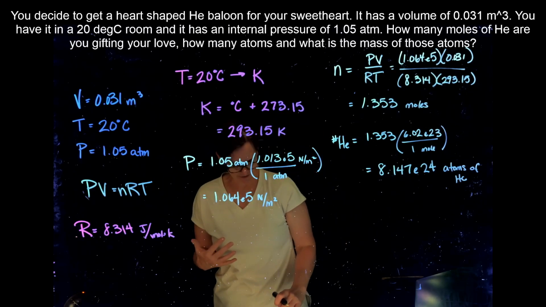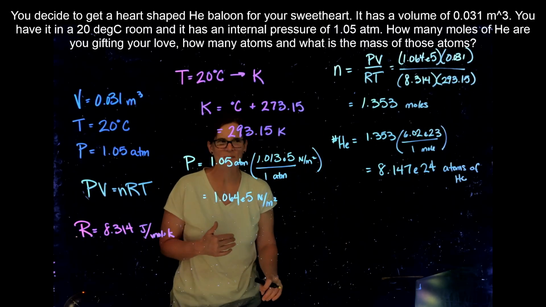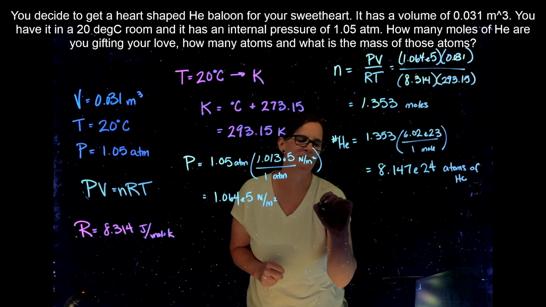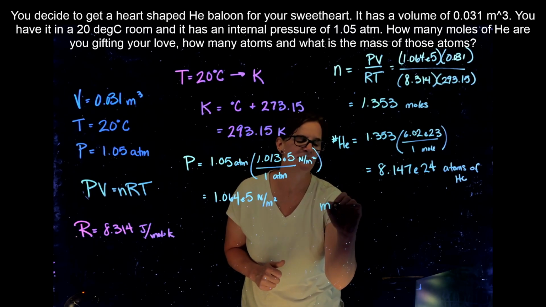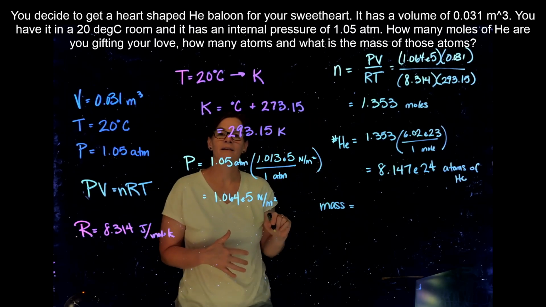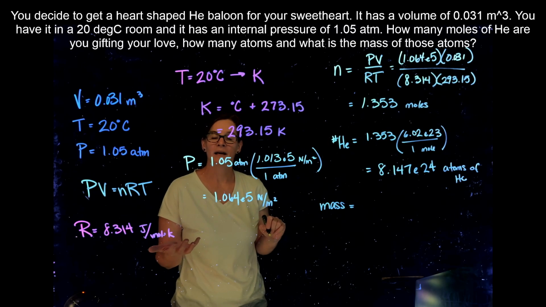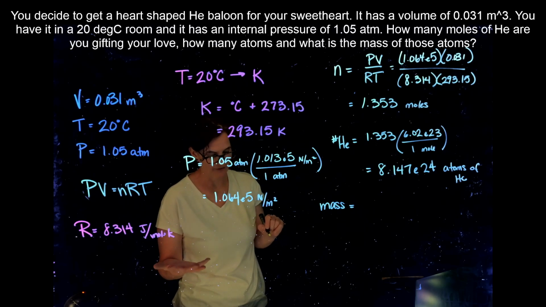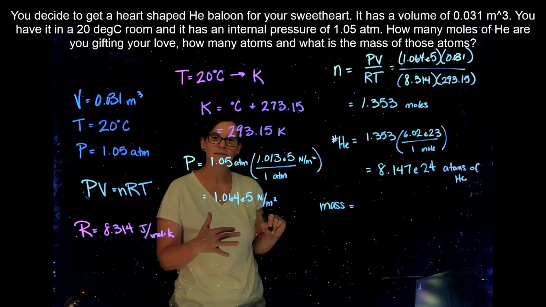And how much do those atoms of helium weigh? Well, how massive are they? The mass is going to equal the atomic mass of helium times the number of moles I have.